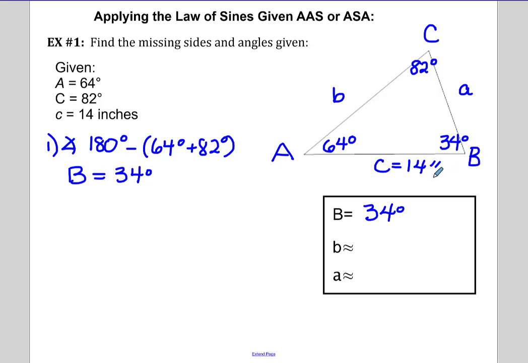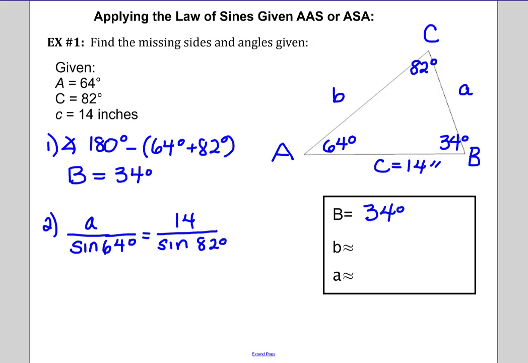Now, setting up the first proportion, since we have A and we have C, I want to find a. A over sine of angle A is proportional to the side that we were given, 14 inches, divided by the sine of 82 degrees.